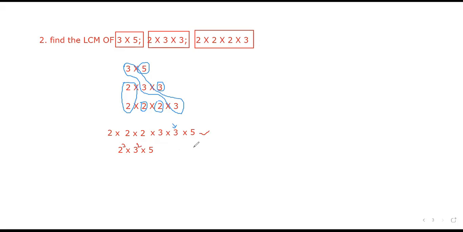So you can either take this or put our answer in normal form. So how do we put our answer in normal form? Now, 2 raised to the power of 3 is 8, times 3 raised to the power of 2, that's 9, and then times 5.